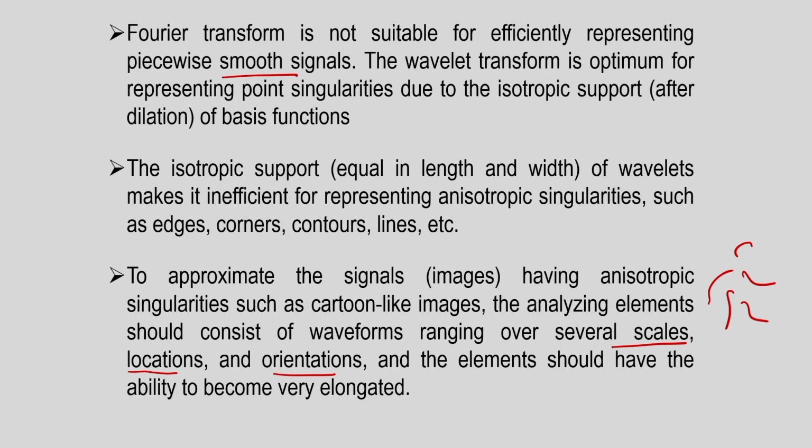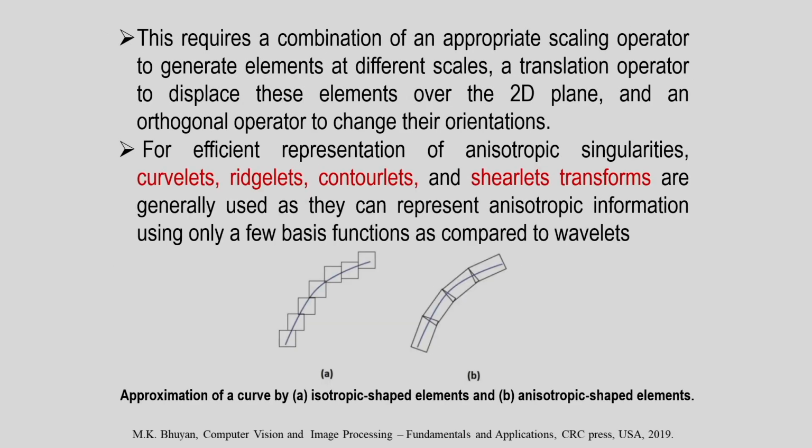Now here you can see we have to consider different scales, different locations, and also the orientations. So this requires a combination of an appropriate scaling operator to generate elements at different scales, a translation operator to displace these elements over the 2D plane, and an orthogonal operator to change their orientations.